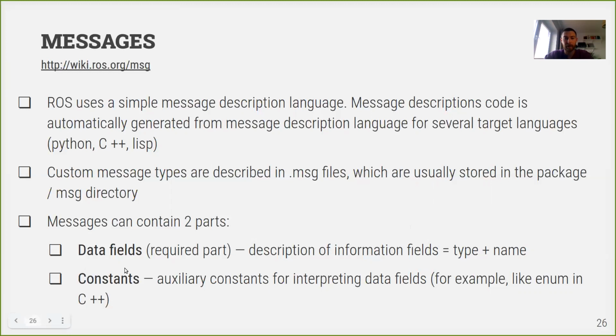For example, if we have a data field with an integer from 1 to 10, we can create constants which will interpret our integers in some particular way, just for our convenience. For example, 1 can be debug, 2 can be warning, 3 can be error, and so on. So this is just for convenience. We can create constants which are quite the same as enums in C++, if you're familiar with them.